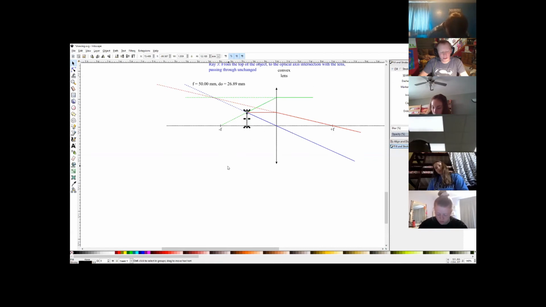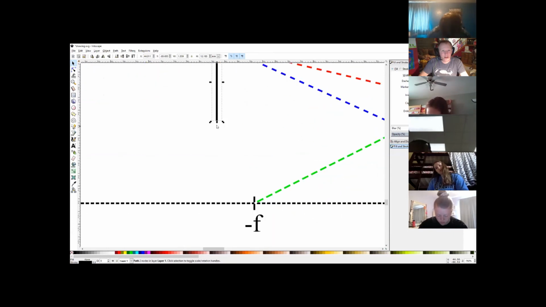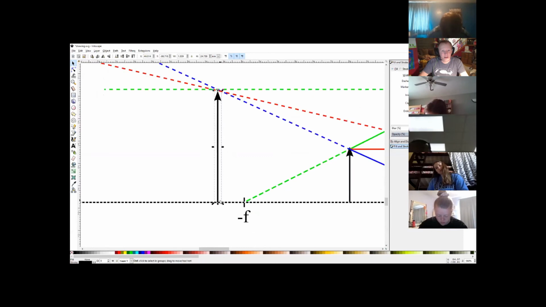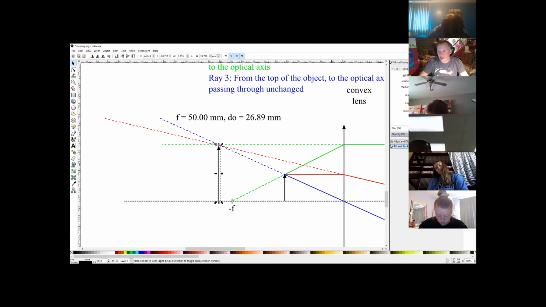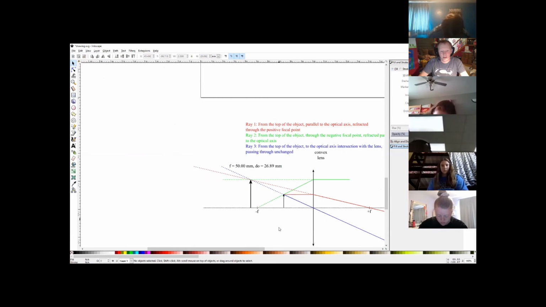But we can see pretty easily where our image is going to form, where those lines cross. Extend this down. Make it a bit bigger. And there's our image.